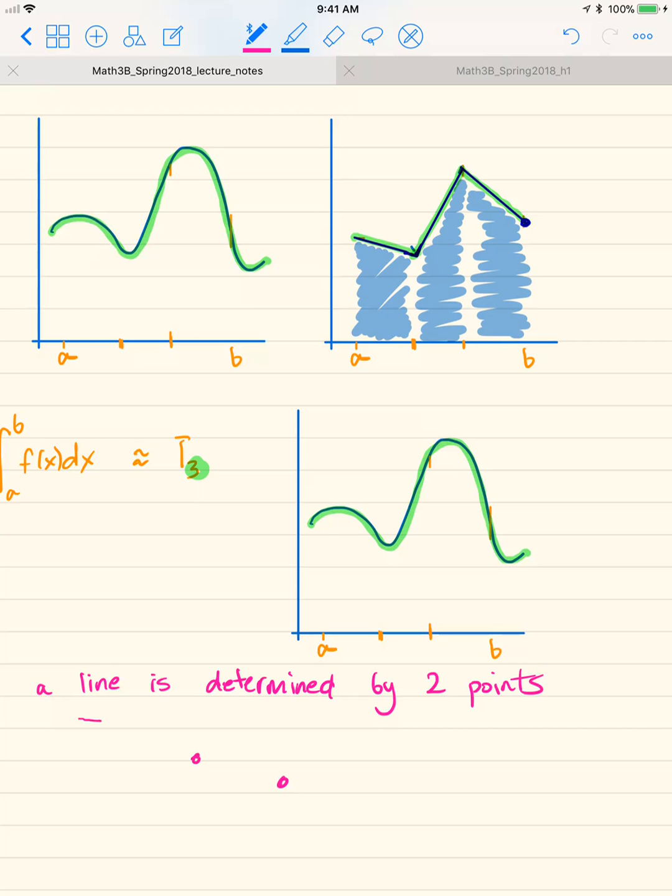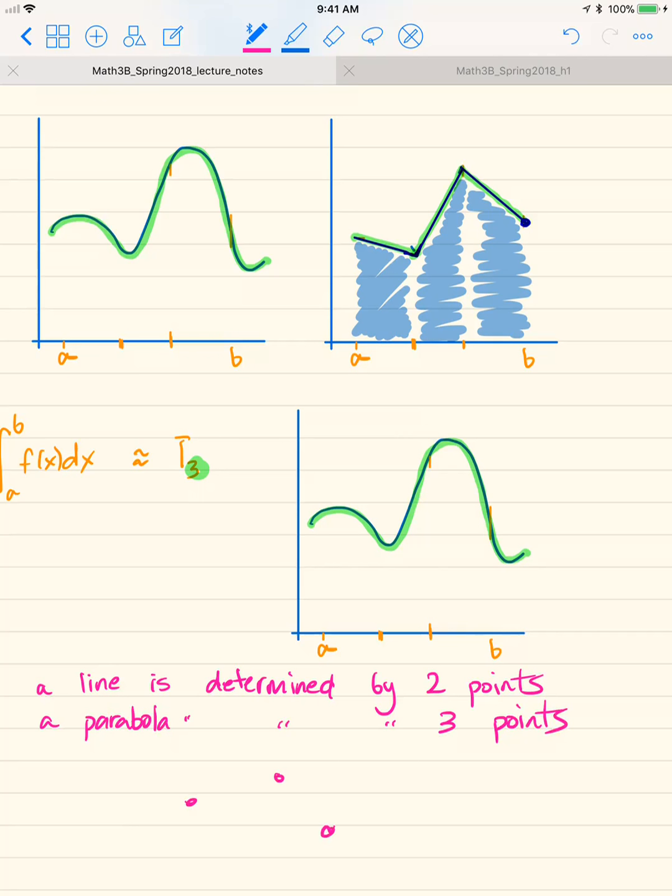Because there's only one line that goes through those 2 points. So a line is determined by 2 points, and similarly, a parabola is determined by 3 points.